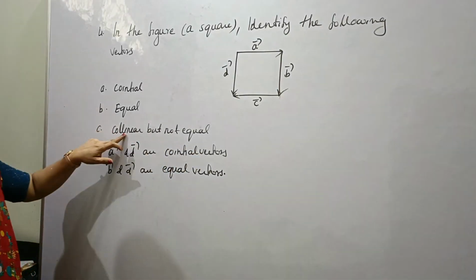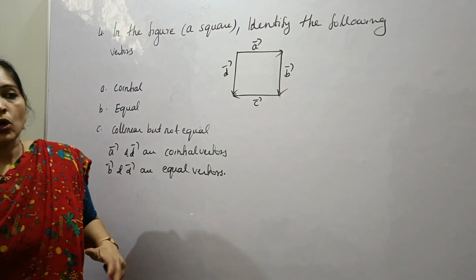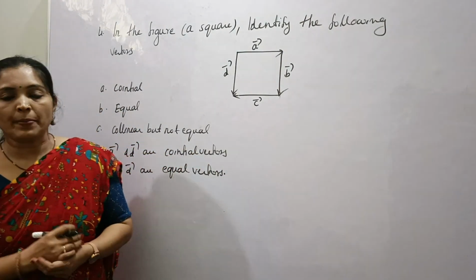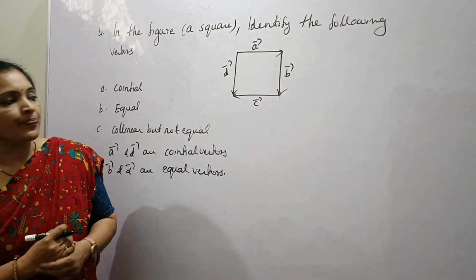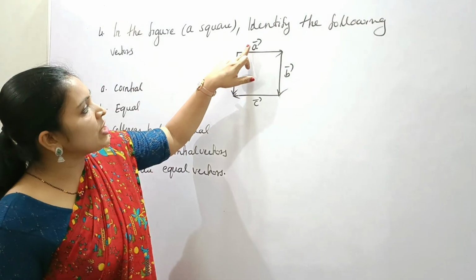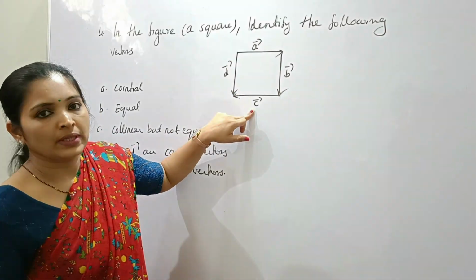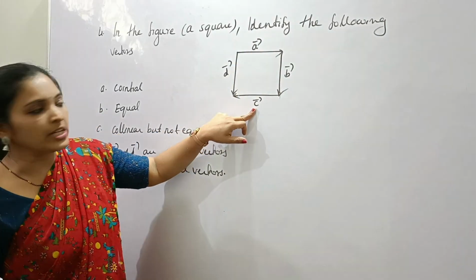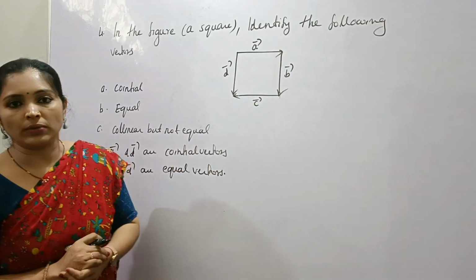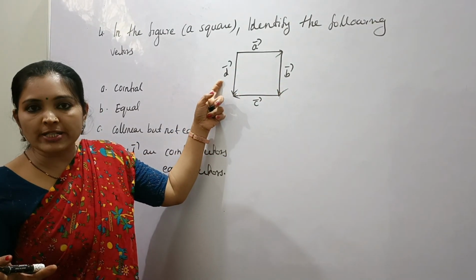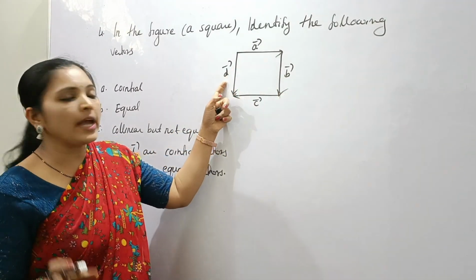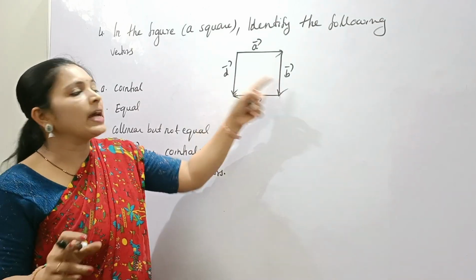Next is collinear but not equal. Collinear vectors are parallel vectors, irrespective of magnitude and direction. Here vector A and vector C are parallel vectors and they are not equal. B and D are collinear vectors, but they are equal.